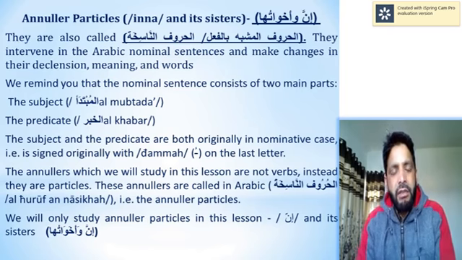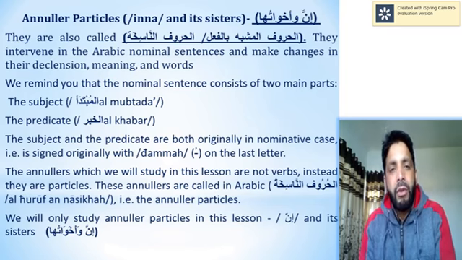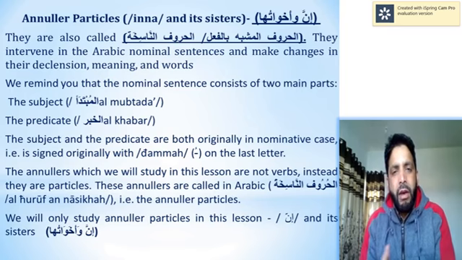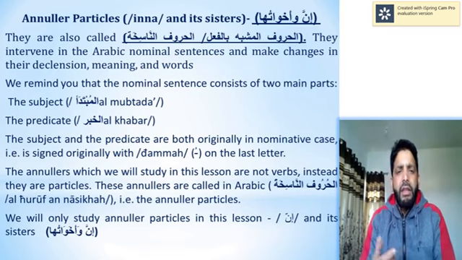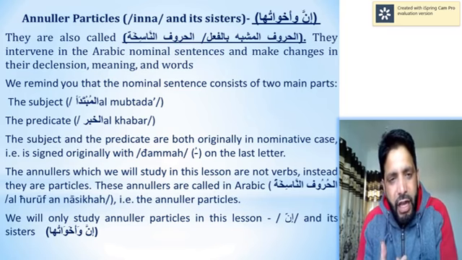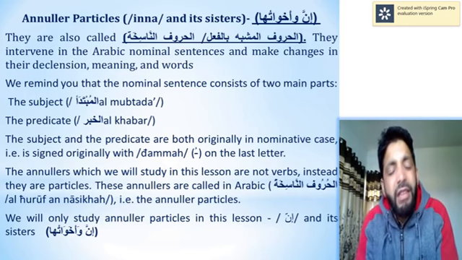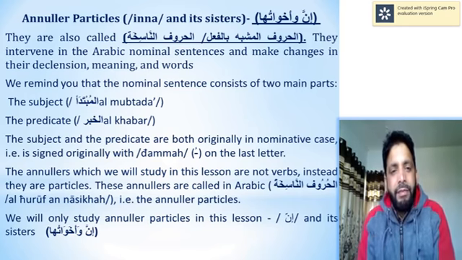And the second part is the predicate, al-khabar. Khabar is information about the mubtada. The subject and the predicate are both originally in the nominative case, and they are marked originally with dhamma or tanween on the last letter, and sometimes waw as well.